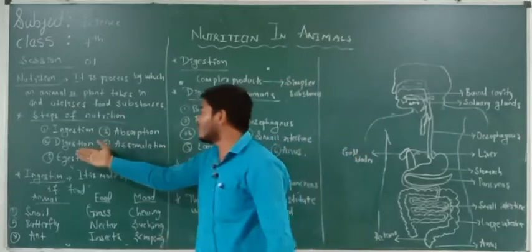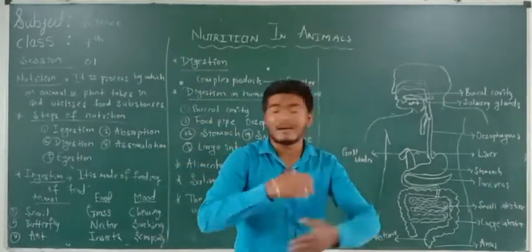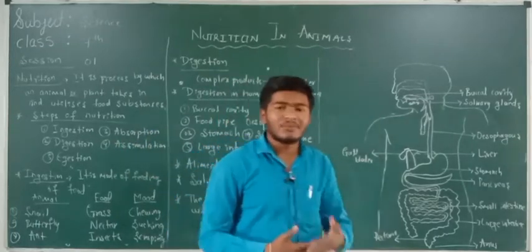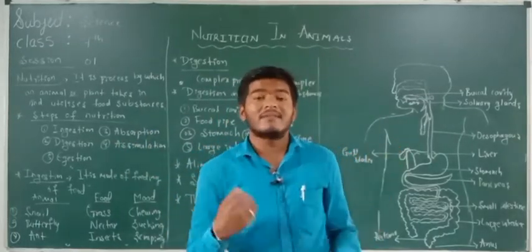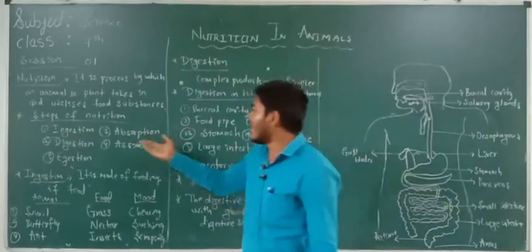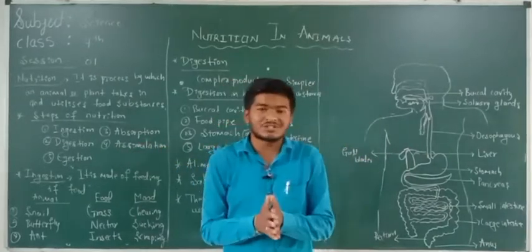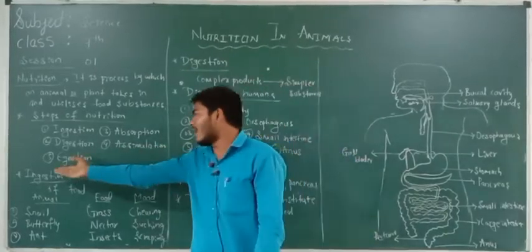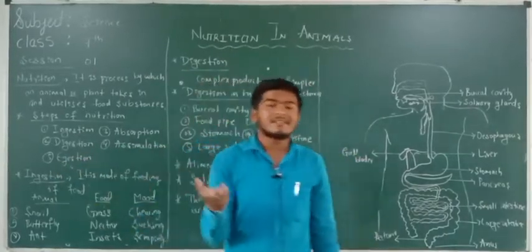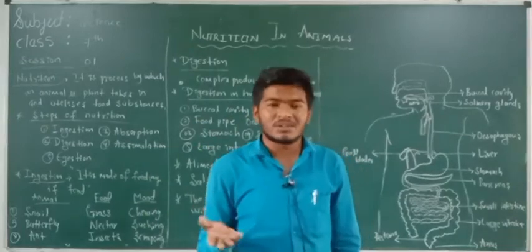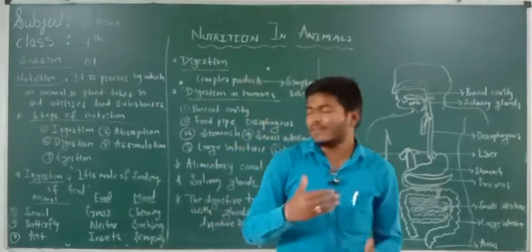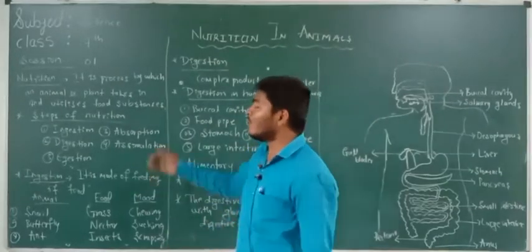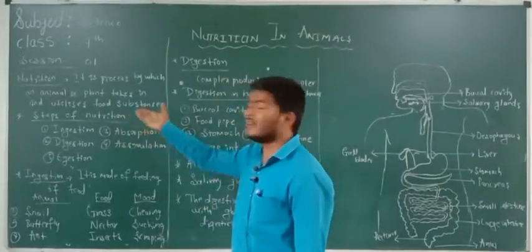The second step is digestion, where it is ground up. The third is absorption, where the ground food material is absorbed by our body cells. The fourth is assimilation, where the food particles are assimilated in our body. The last is egestion, in which our body removes the waste products from the food. Now we are going to study the steps of nutrition one by one.